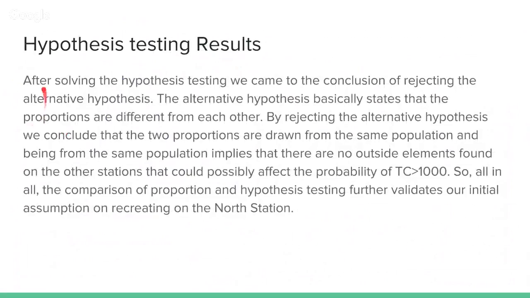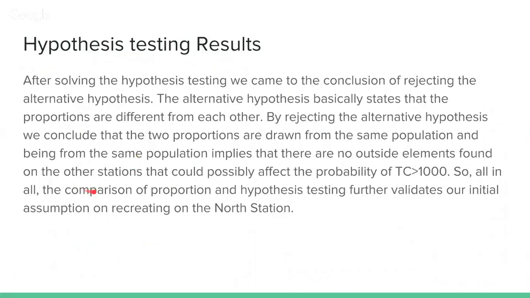Okay, so here are our testing results. After solving for the hypothesis, we came to the conclusion of rejecting the alternative hypothesis. The alternative hypothesis basically states that the proportions are different from each other. By rejecting the alternative, we concluded that the two proportions are drawn from the same population, and being from the same population implies that there are no outside elements found at the other stations that could possibly affect the probability of TC being greater than 1,000.